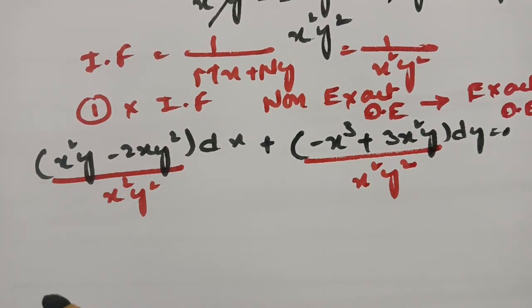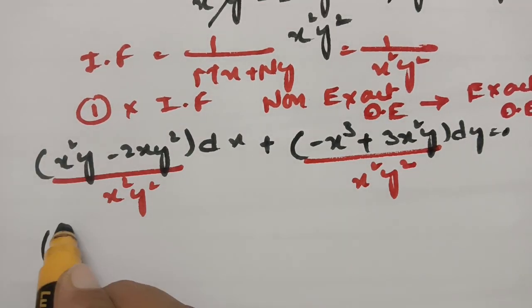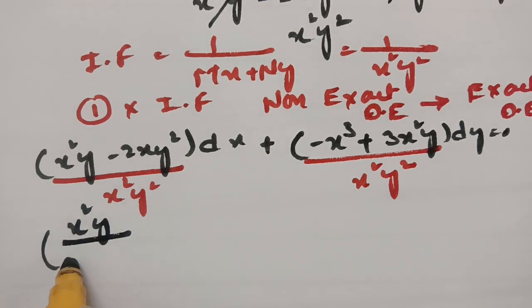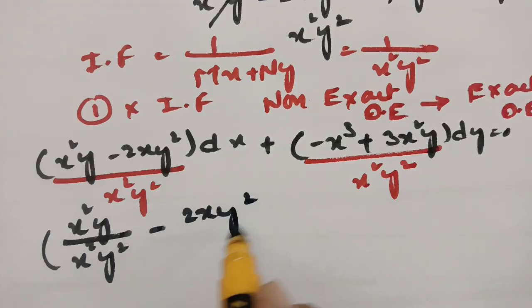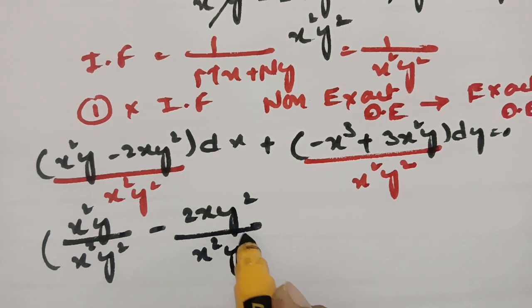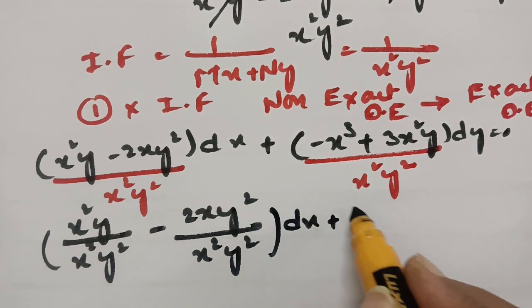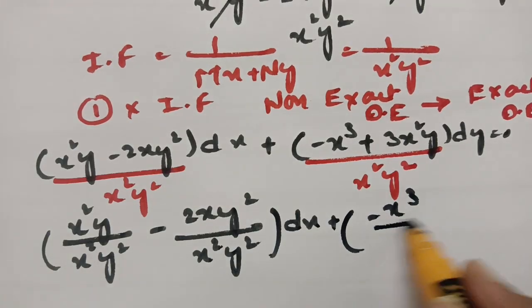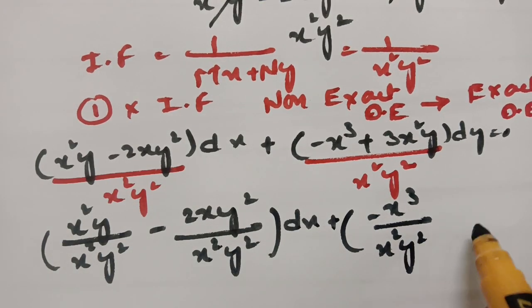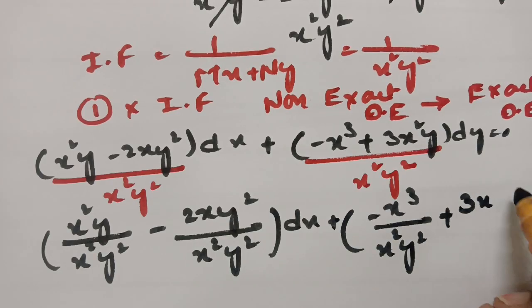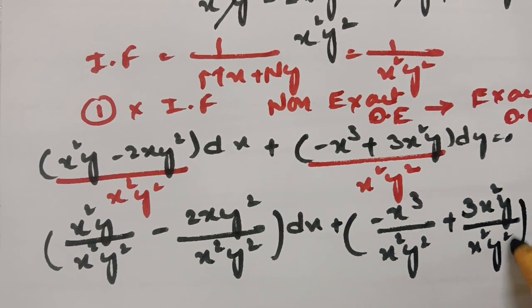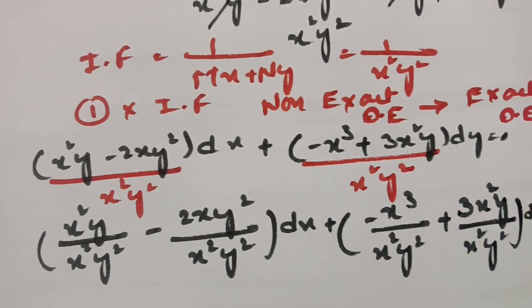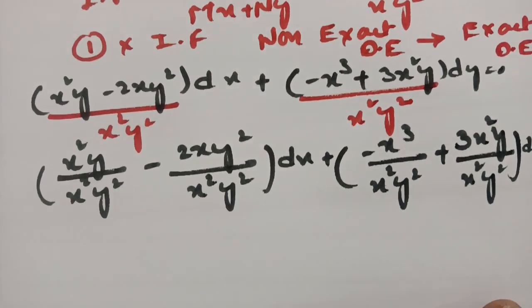So this is going to become x square y by x square y square, minus 2xy square by x square y square dx, and this is minus x cube by x square y square plus 3x square y by x square y square into dy is equal to 0.